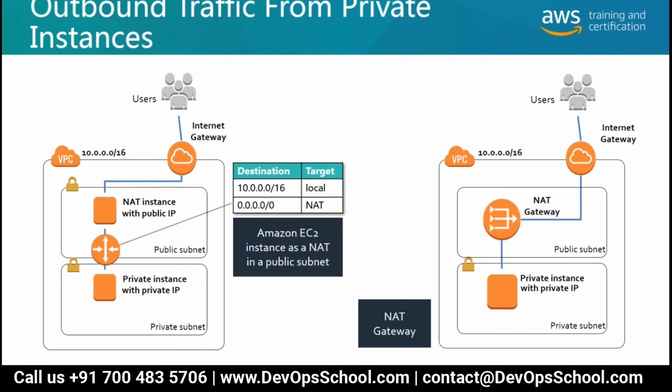You have this option where you want to give only egress traffic, which means only outbound traffic to the internet is allowed, and you prevent incoming traffic from the internet. But this is available only on an IPv6 enabled VPC.